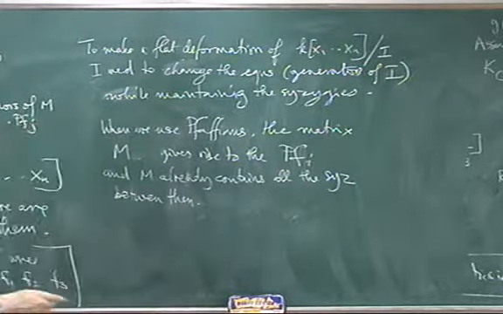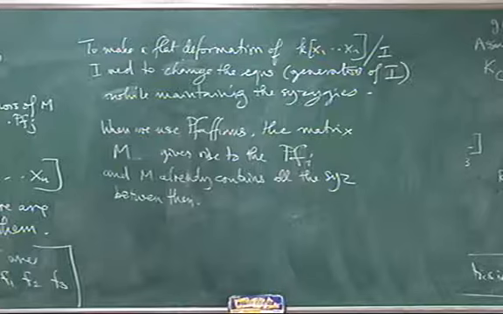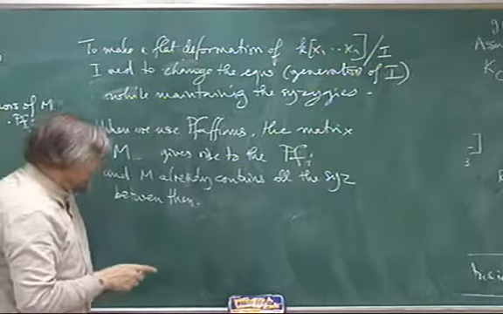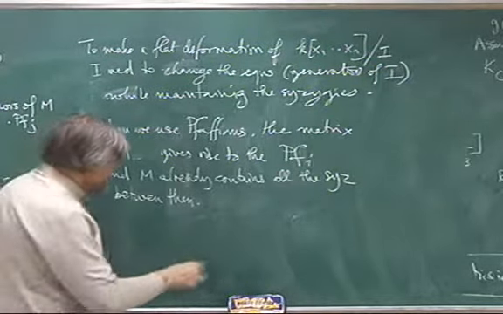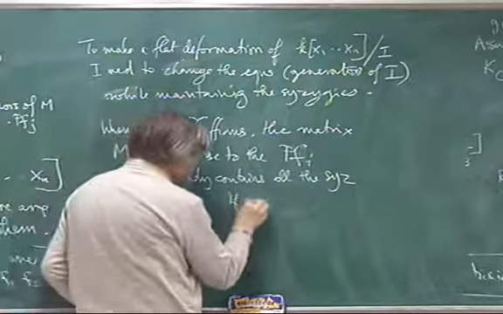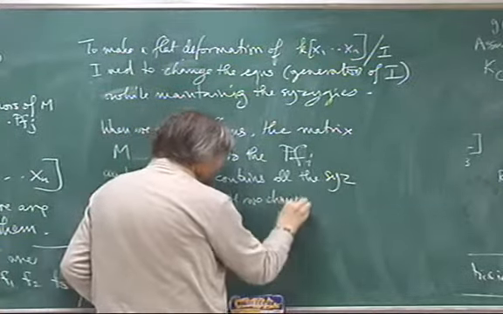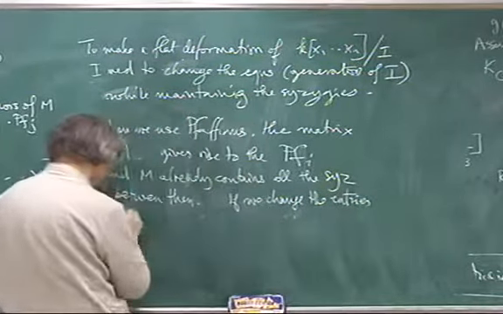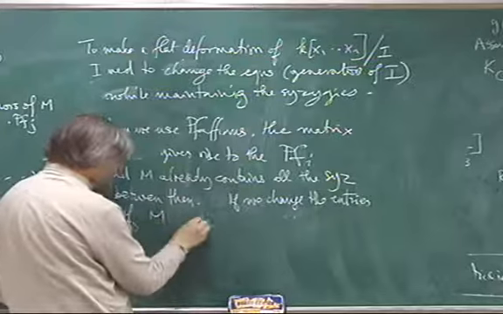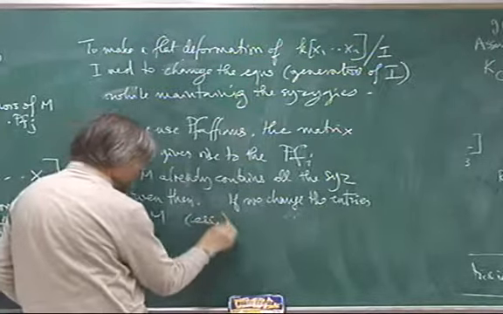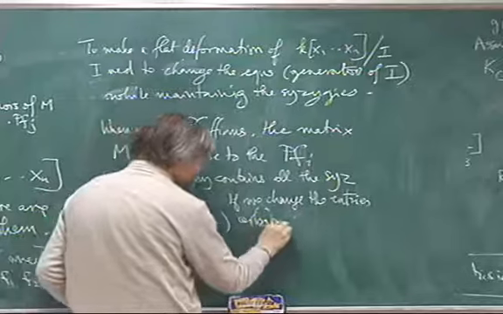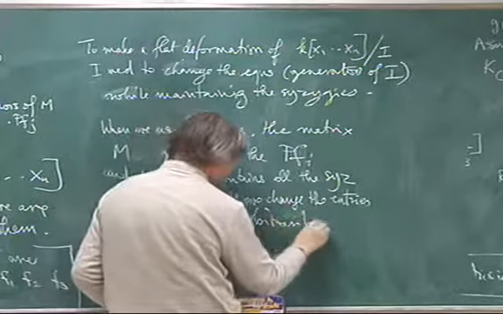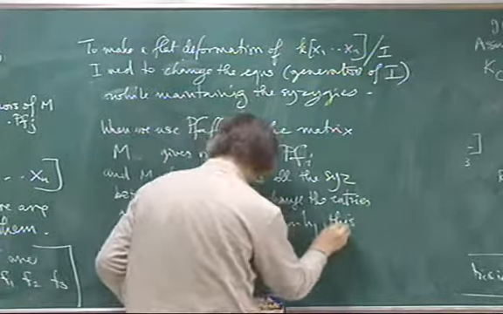I'm trying to explain this in words rather than in formulas. So if we change the entries of M essentially arbitrarily, this gives a flat deformation.